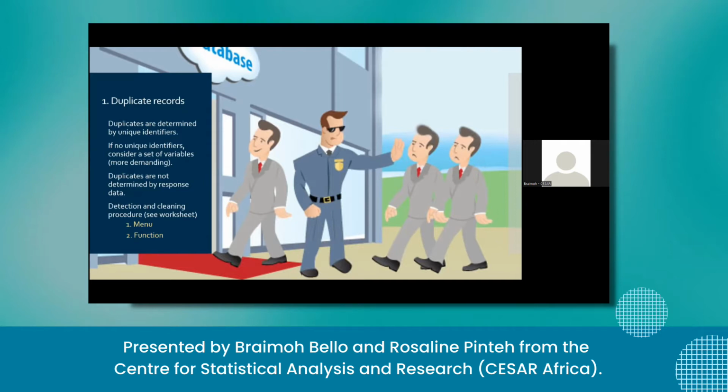So if you have a variable like that, it's easy to tell when there is a duplicate, because that variable should be unique. Now, if that variable is not present, if for any reason you do not have a unique identifier, it is possible to combine a set of variables you think can be unique.